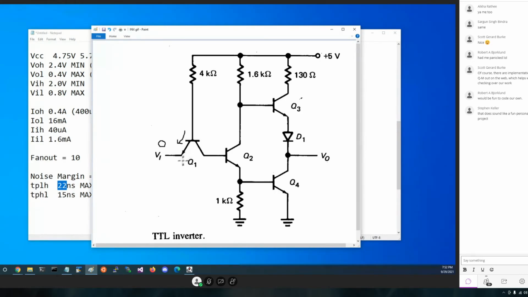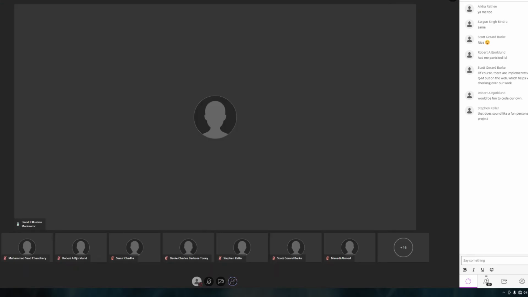That means the voltage across this transistor has practically dropped to 0 volts. So current hits the transistor, forcing the voltage across it to be roughly 0 volts.